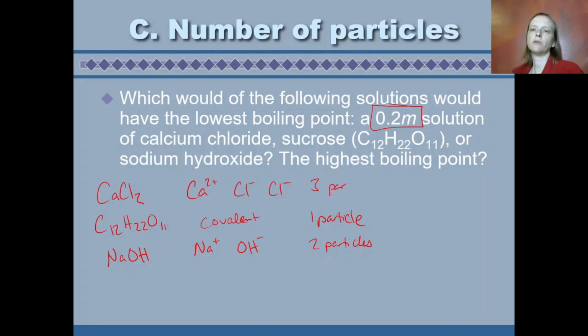So 3 particles has the biggest impact on the boiling point. It's going to elevate the boiling point the most. And so calcium chloride will have the highest boiling point. The sucrose will have the lowest boiling point, and sodium hydroxide will be in the middle. I hope this helps.